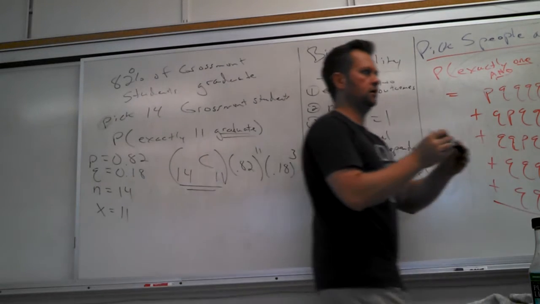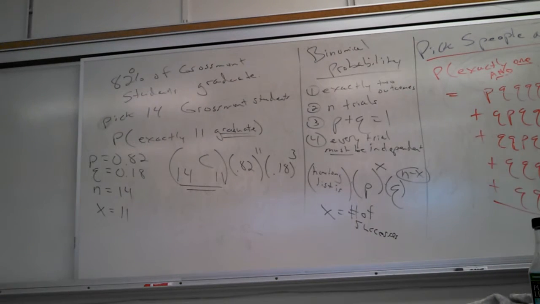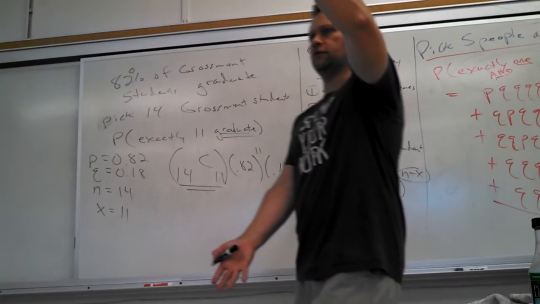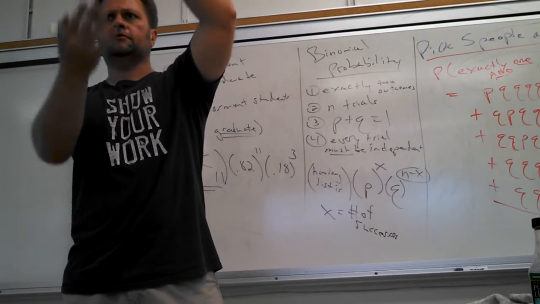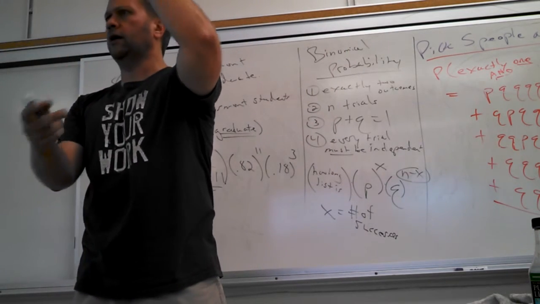How long would the list be? 364. All right. So it would be easy to forget somebody if I'm making a 364-entry list, right? No way. I don't want to do that.